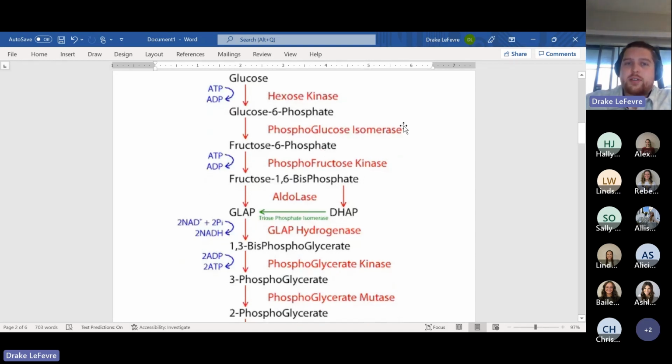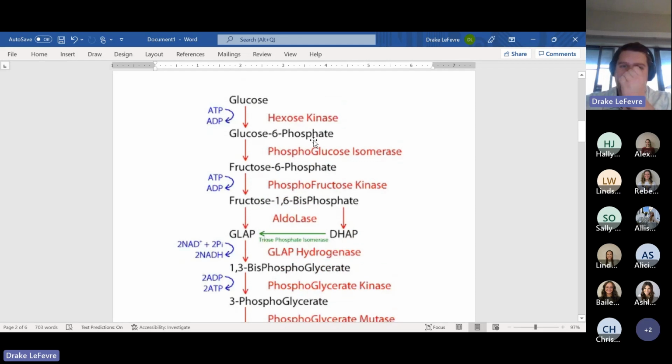So when you see a kinase, first of all, you know that you're going to be adding a phosphate. So in the name, a phosphate is going to be changing. If there's already a phosphate, it's going to be bisphosphate because now there's 2. If there wasn't a phosphate before, it's going to add 1.